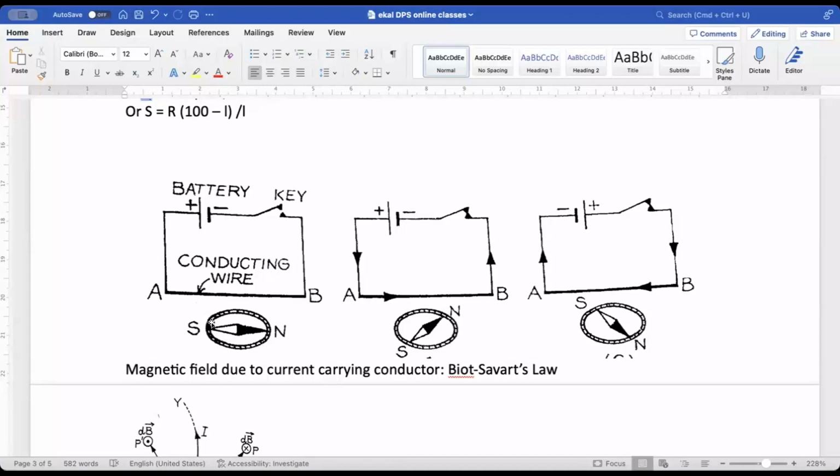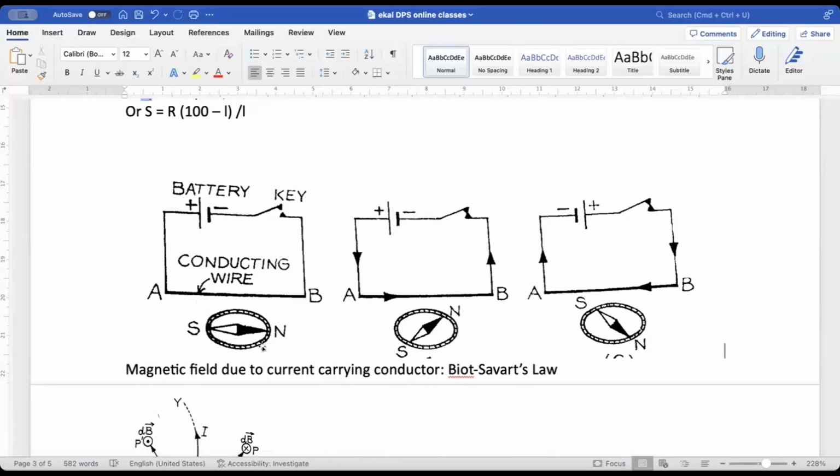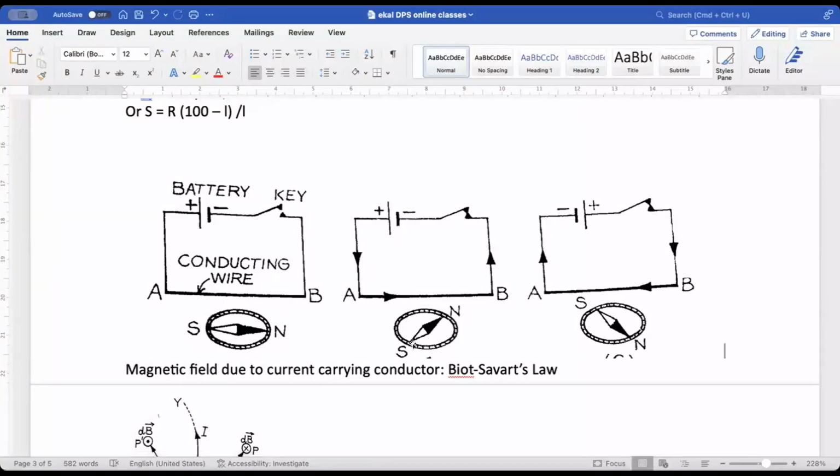You can see the needle over here. So as long as there is no current in the wire, the magnetic needle will remain parallel to the wire. And as soon as we press the key, a current flows through the wire and the needle is deflected. Here we can see the deflection in the needle.